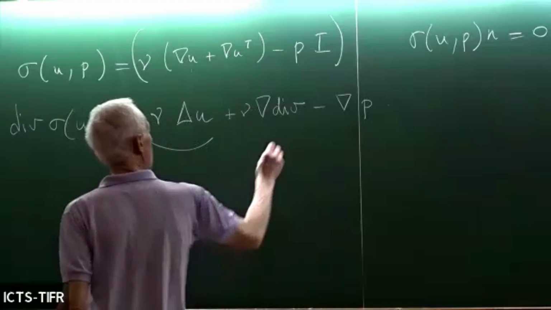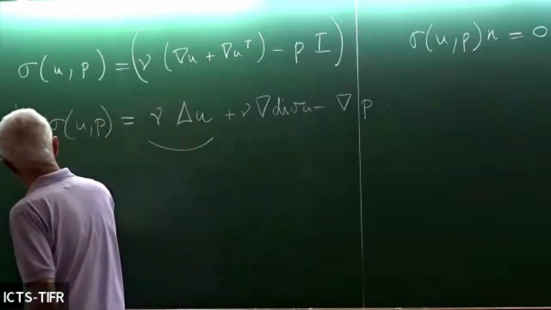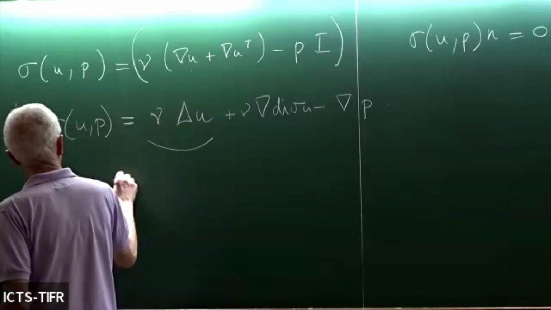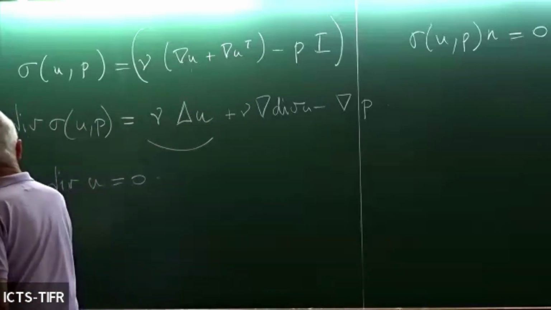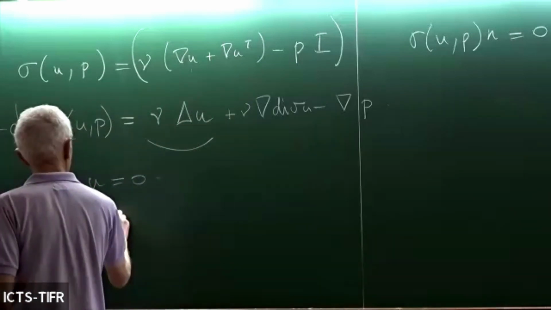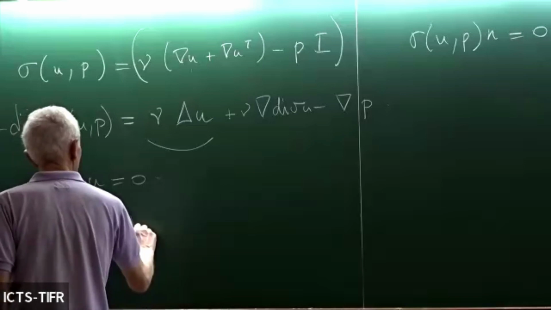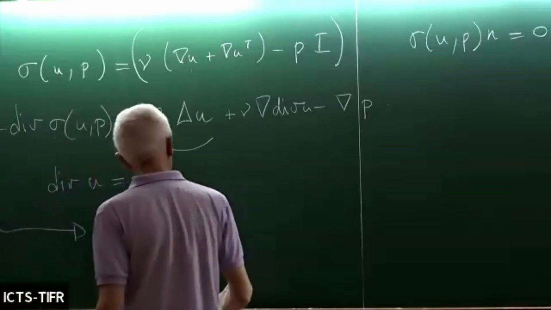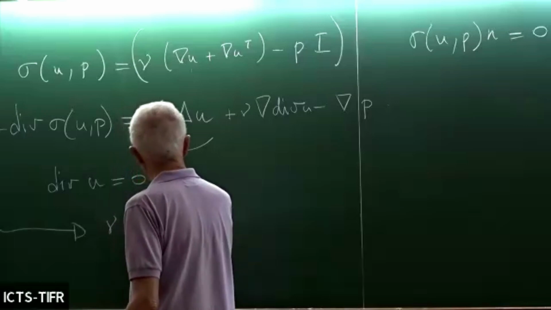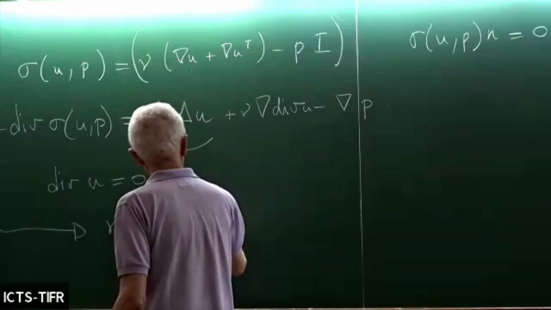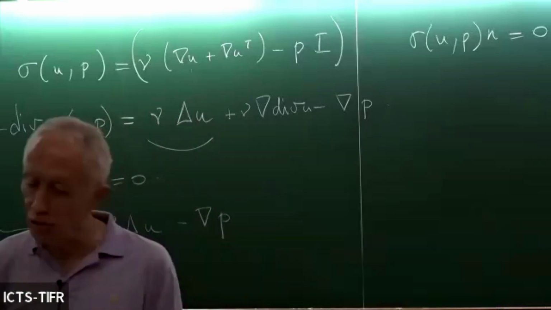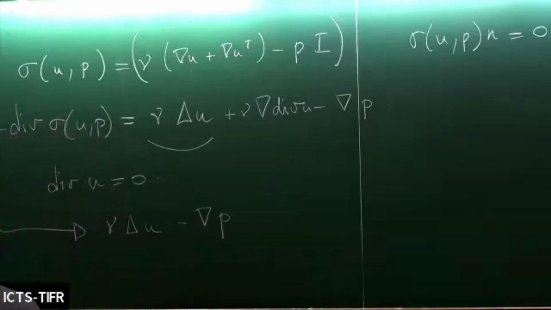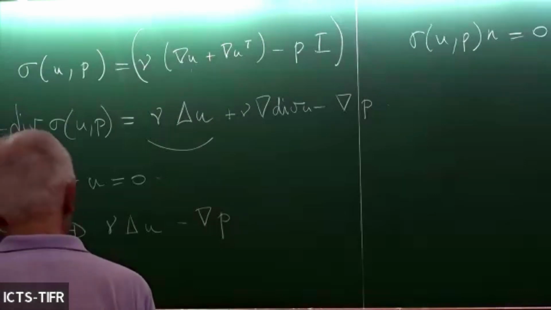When the divergence of u is 0, this is exactly nu Laplace u minus grad p. So this is the usual equation, but of course, when the divergence is not 0, we have to be careful about that.